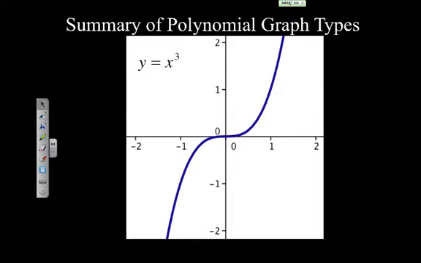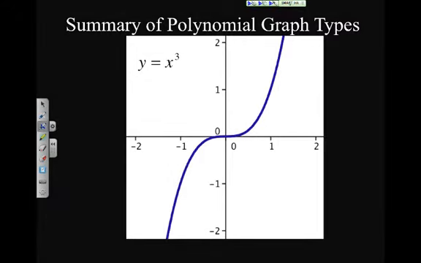Y equals x cubed is kind of an S curve, but notice all these so far have gone through the point 0, 0, and this one actually goes through the points 1, 1 and negative 1, negative 1, just like a line did. If you remember, x to the first power went right through there. So that's an interesting fact.